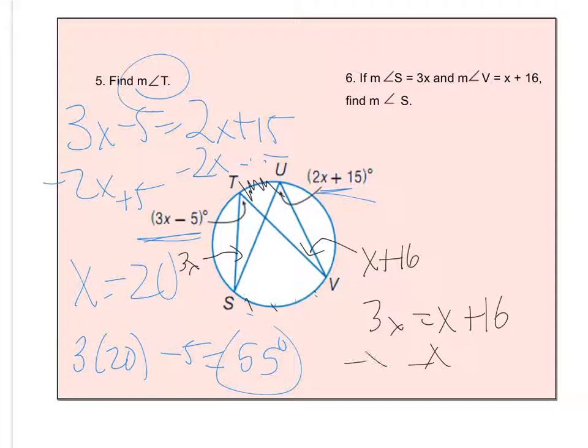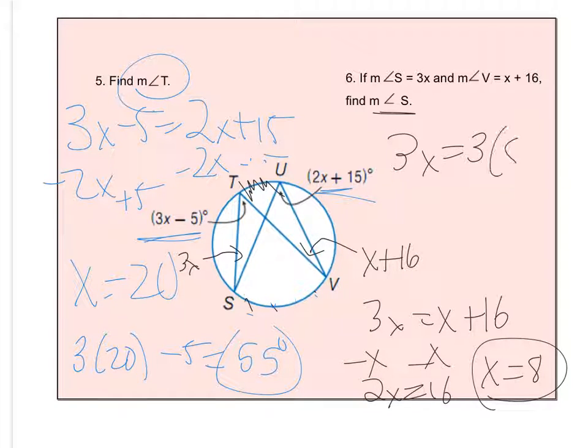So 2x equals 16, so x equals 8. If x equals 8, S is 3x, so that's 3 times 8, which is 24 degrees. Boom, that's my answer. So if angles intercept the same arc, then they're going to be equal to each other.